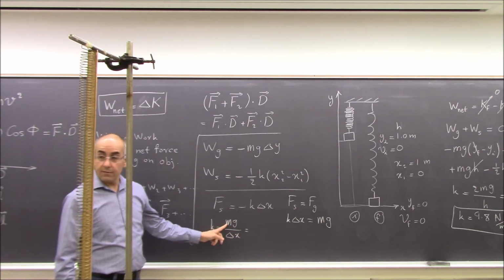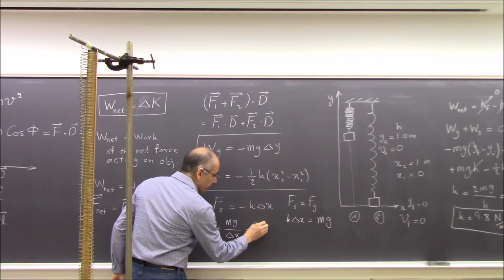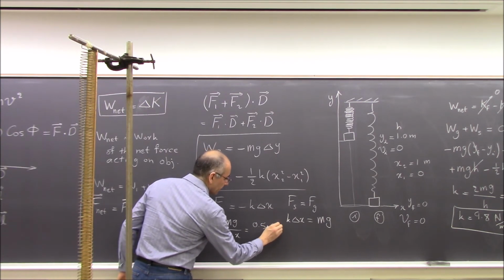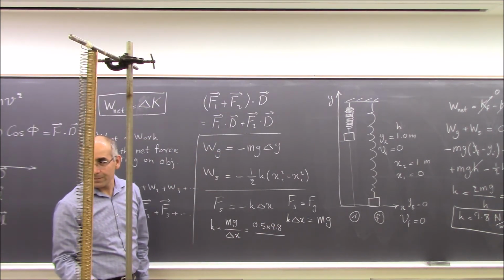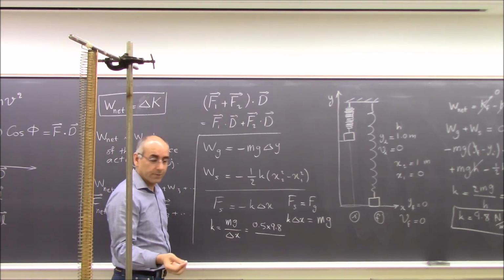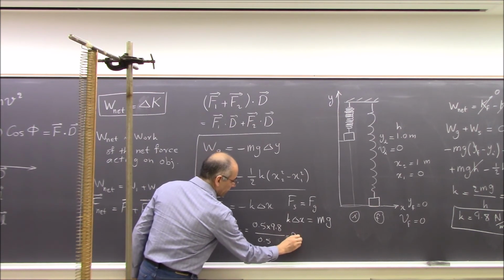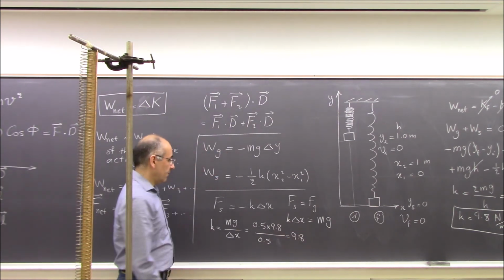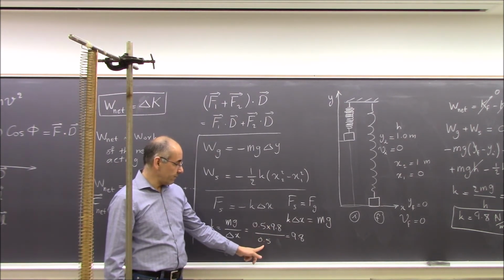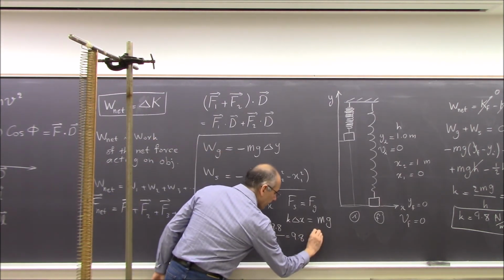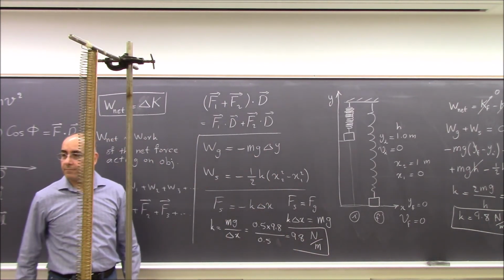What is the mass? 0.5. 0.5 times 9.8 divided by, what is delta x? 0.5 meters, right? You get what? 9.8 kilogram meters per second squared divided by meter, or Newton divided by meter. So the same value.